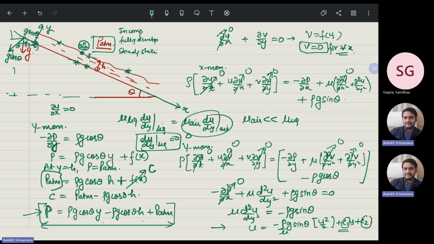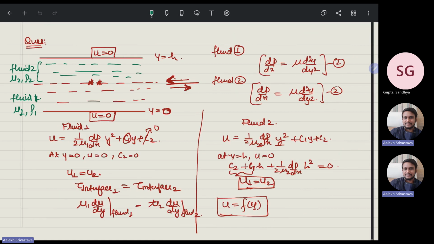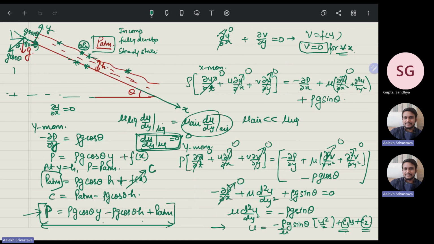Here we have C1 and C2 that can be solved from the no-slip boundary condition as well as du by dy equal to 0. So you can simply solve this equation. This is an exact solution of the Navier-Stokes equation because we are dropping the convective term. That's why it is possible to get the exact solution of the Navier-Stokes equation.